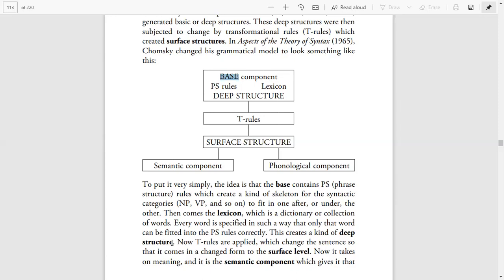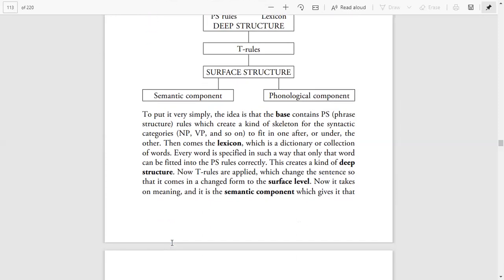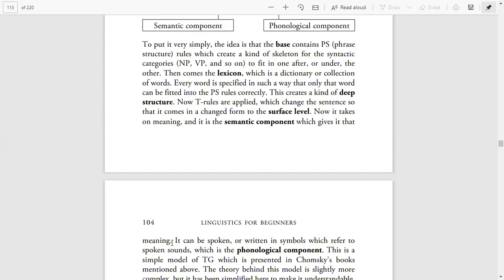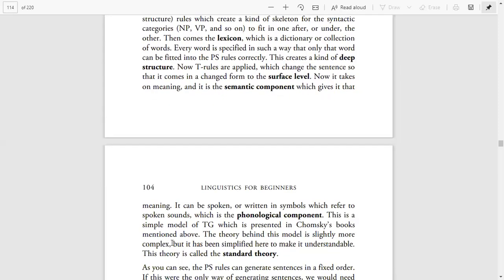Now it takes on meaning. When you get the surface structure, it takes on meaning, and it is the semantic component which gives it that meaning. It can be spoken or written in symbols which refer to spoken sounds, which is the phonological component. The component which is used for speaking or for written symbols, etc., is known as the phonological component.